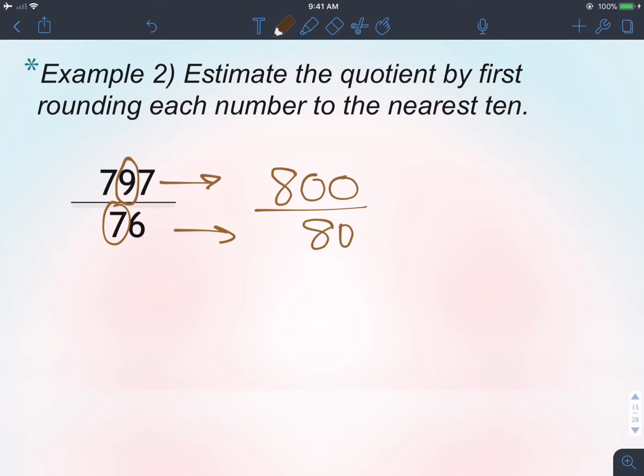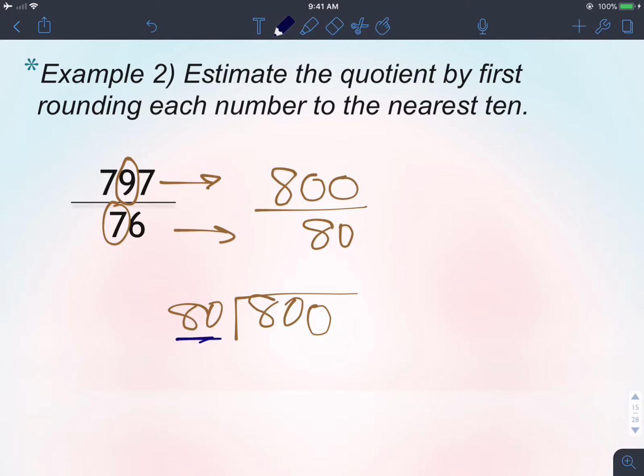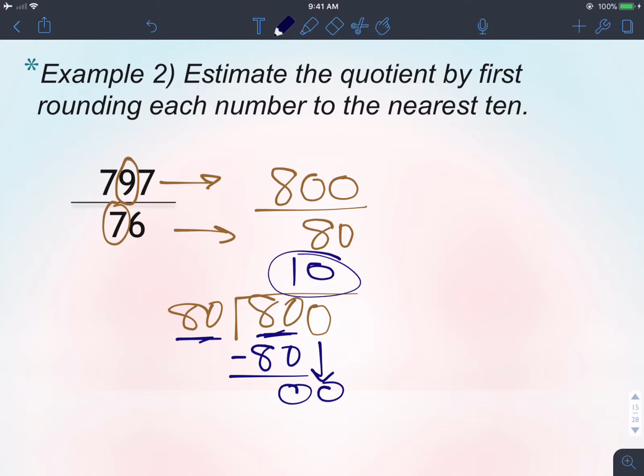So 800 divided by 80, maybe you can do it in your head, or you go for the calculator. It should come out pretty nicely. I'll do it anyway. 80 goes into 80 once. There's 0 left over. 10, right?